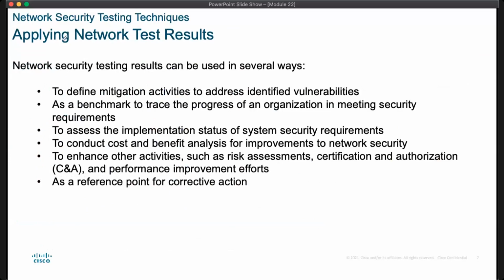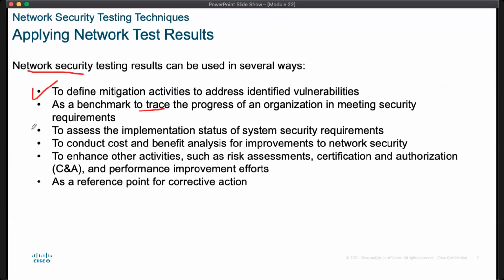Applying network test results. Network security testing results can be used in several ways. First, to define mitigation activity to address identified vulnerabilities. As a benchmark to trace the progress of an organization in meeting security requirements.